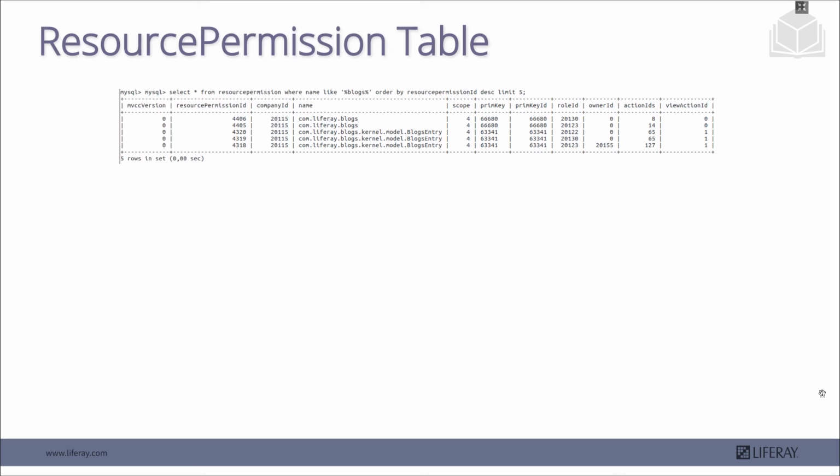So this is kind of what it looks like behind the scenes. Each individual blog portlet on the page is going to be an entry. Each individual blog entry will also have its own place, since each individual entity or portlet will have a permission resource that goes with it.